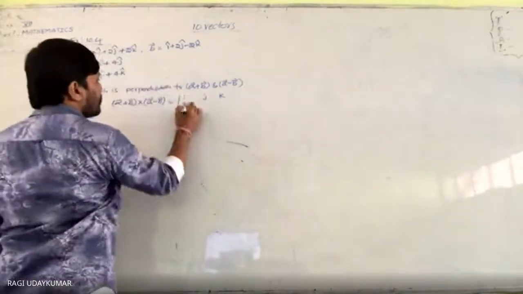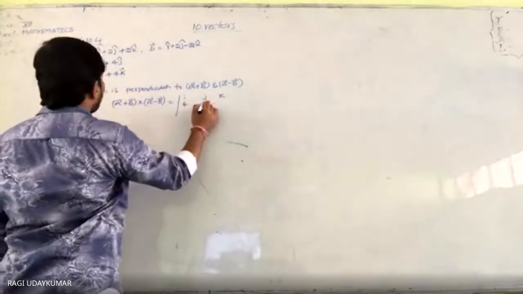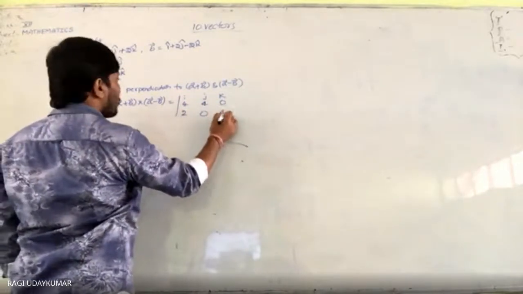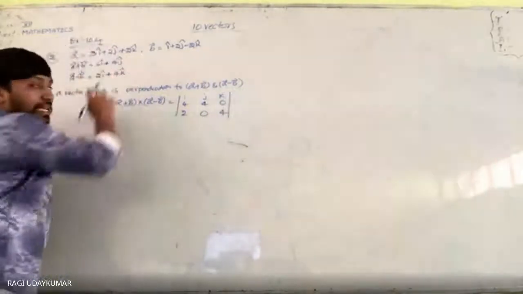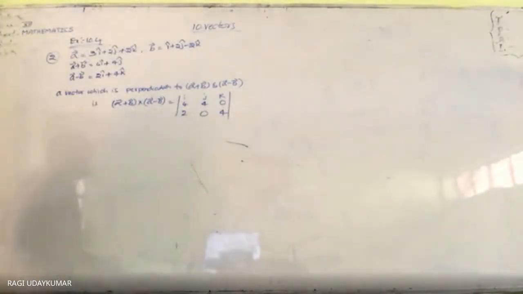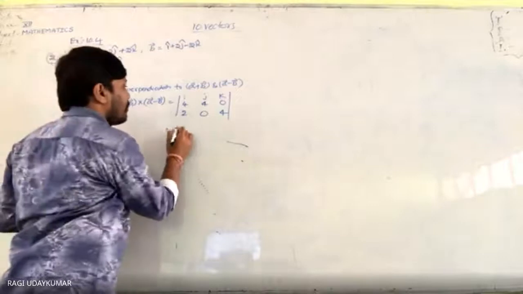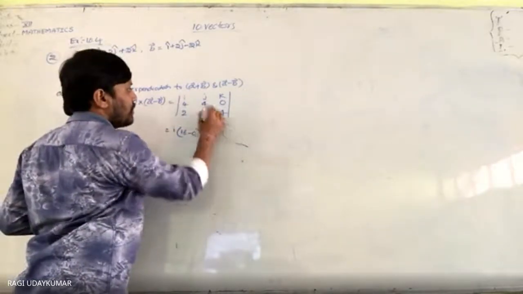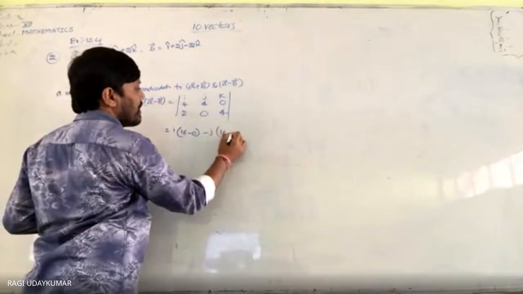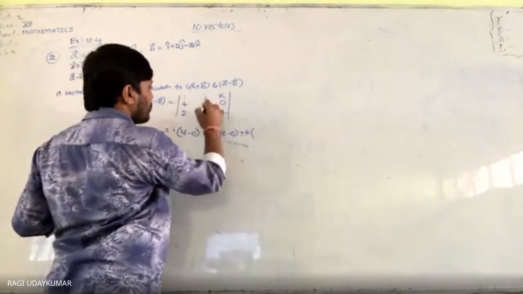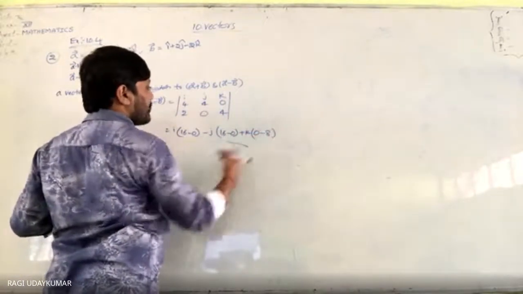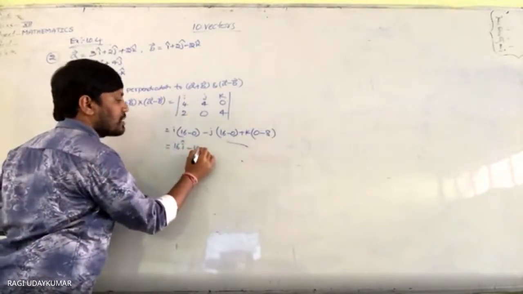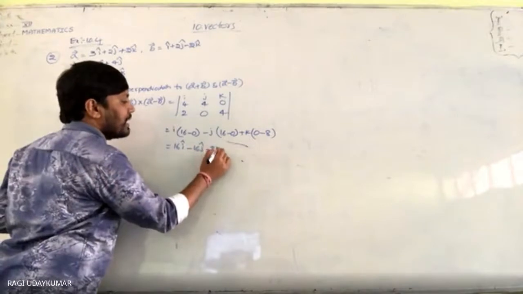Be careful here because one term is missing. So we find i into 16 minus 0, minus j into 16 minus 0, plus k into 0 minus 8, which equals 16i minus 16j minus 8k.